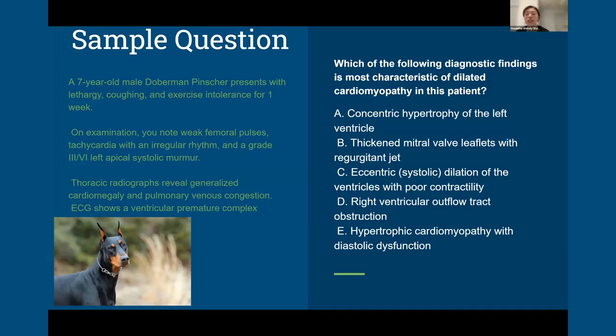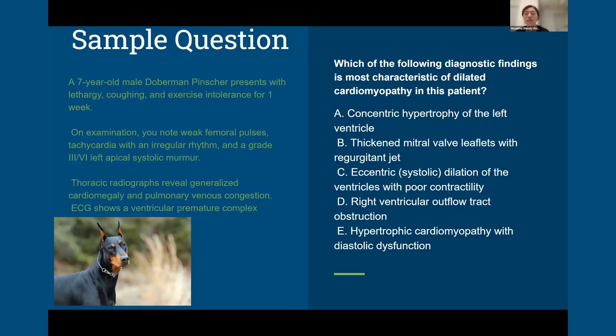Are you thinking of a concentric hypertrophy of the left ventricle? Are you thinking of a thickened mitral valve? Are you thinking of an eccentric dilation of the ventricle with poor contractility? Are you thinking of a right ventricular outflow obstruction? Are you thinking of a hypertrophic cardiomyopathy?